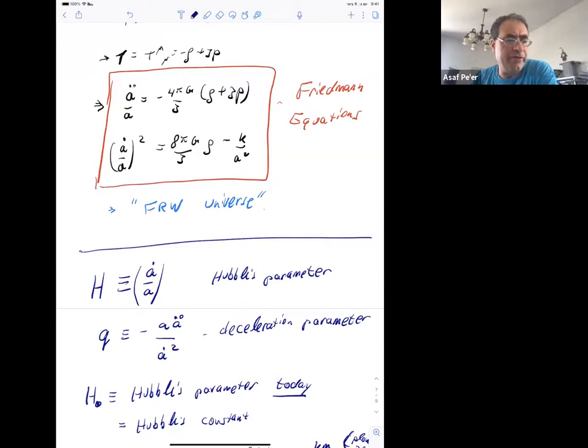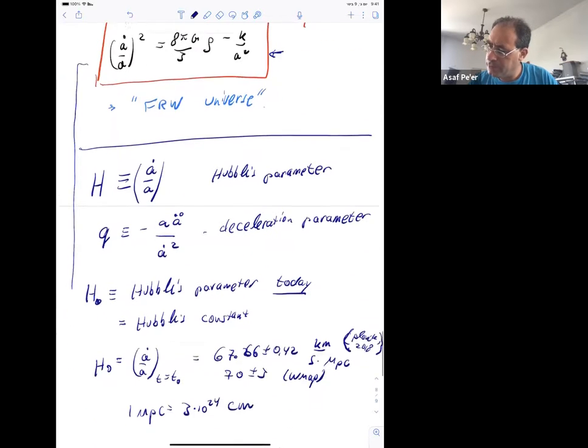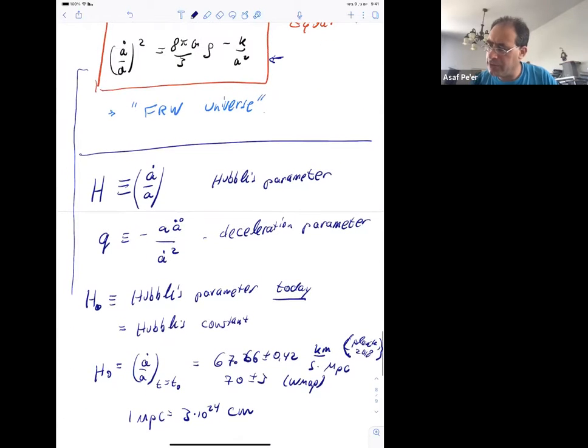Okay, so why are we interested in it? When we have Hubble's parameter, we can look back at the second of Friedmann's equations and write it as follows. In the Friedmann equation, a dot over a squared is just H squared.